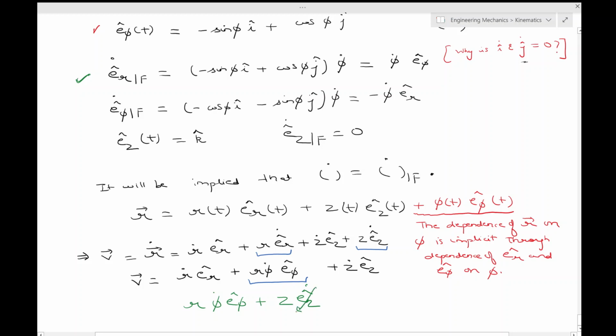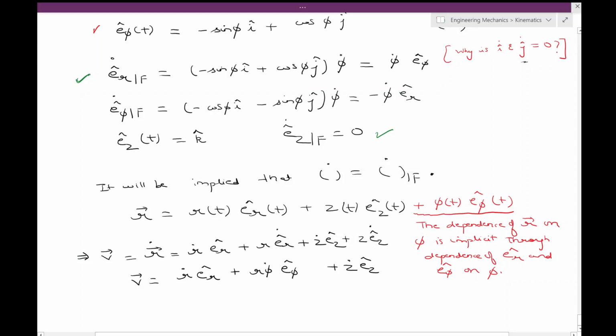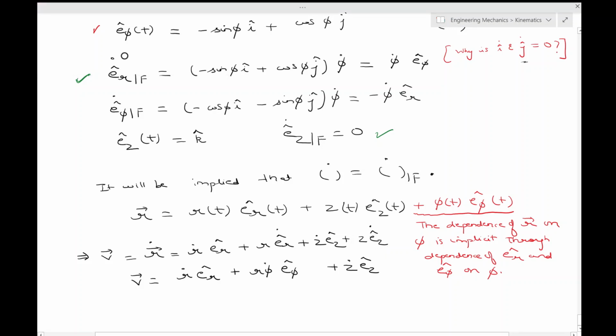So this is 0, and hence this term is equal to this term. So that's how we have written this. Okay, so we should be able to say that this is equation 1.15.